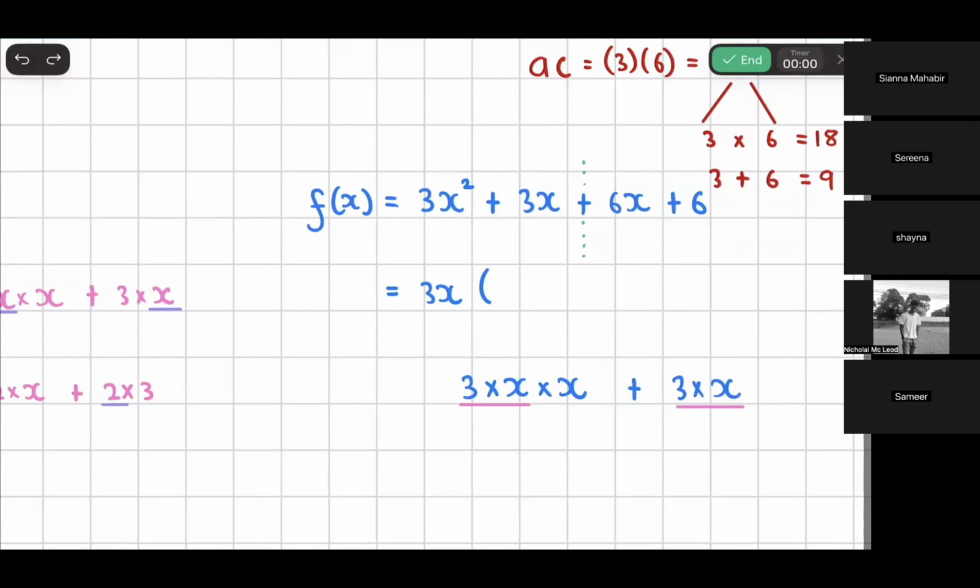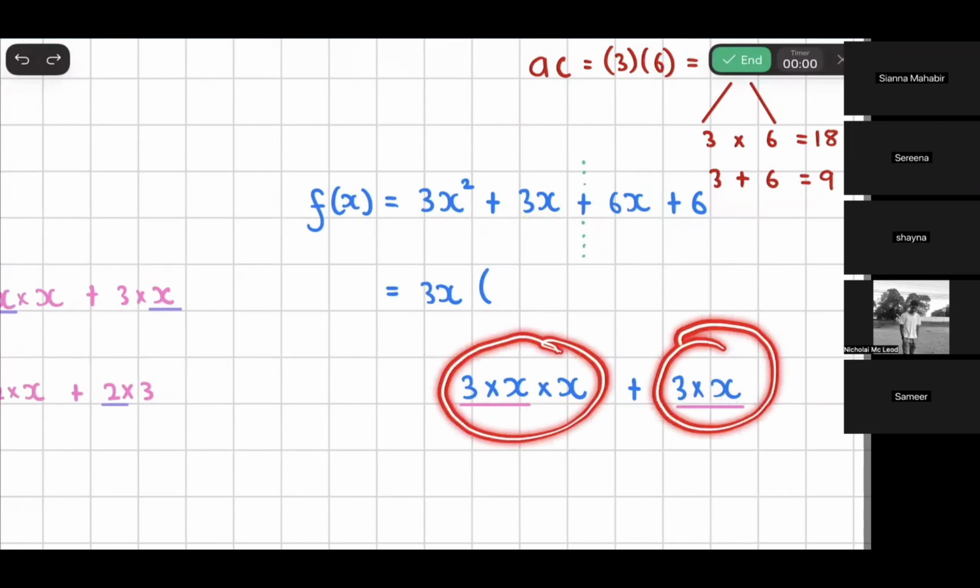Check it out. 3x squared is the same thing as 3 by x by x. And 3x is just 3 by x. What do both of these terms have in common? 3 by x. Right, so you pull out the 3 by x. So then, what am I going to write for this? x. Yeah, x.